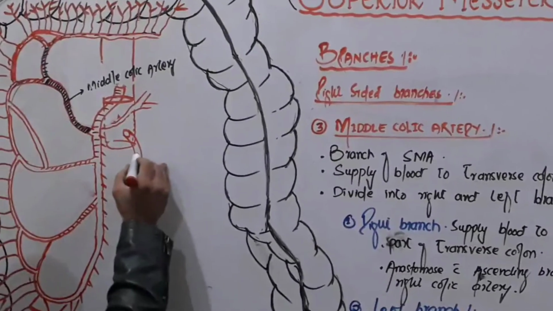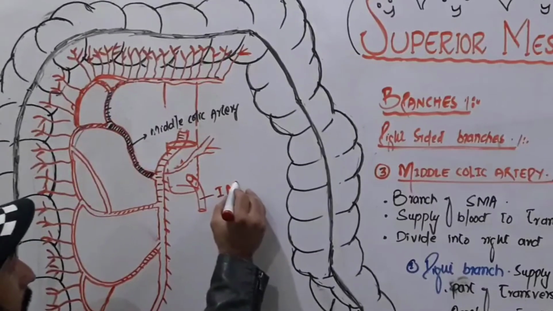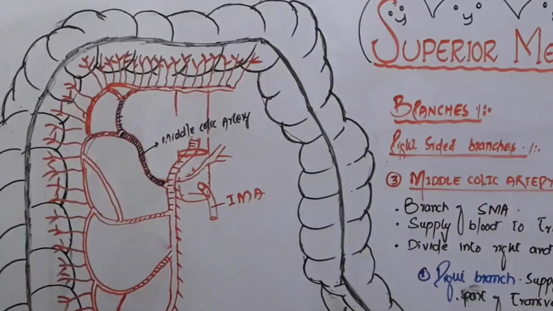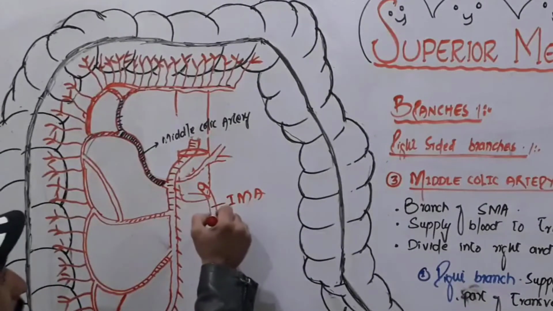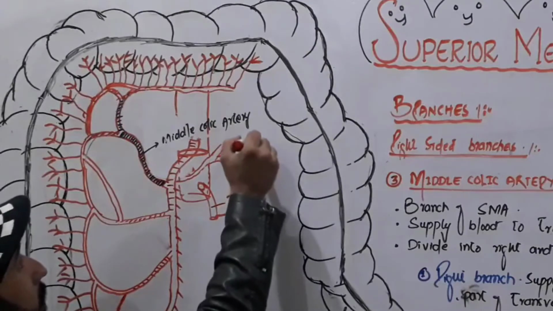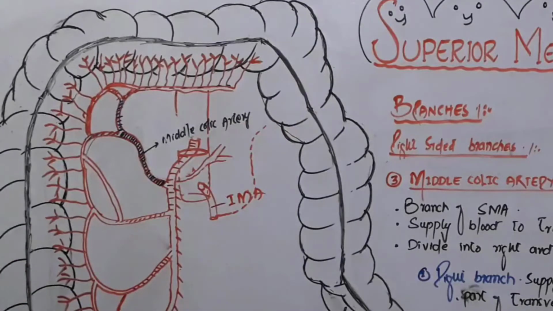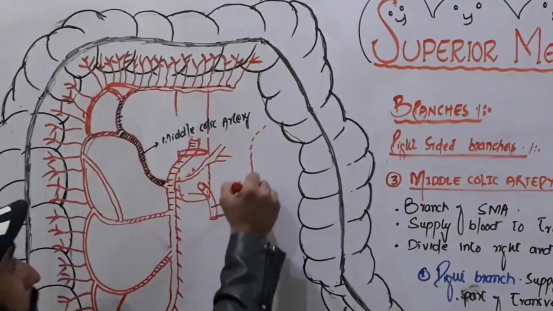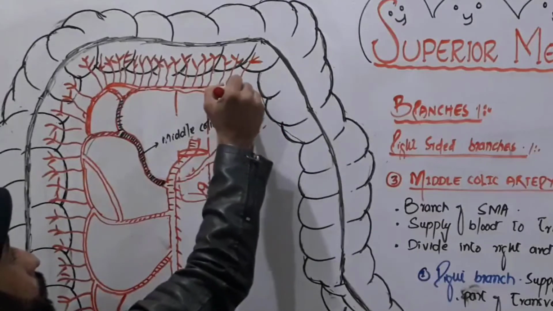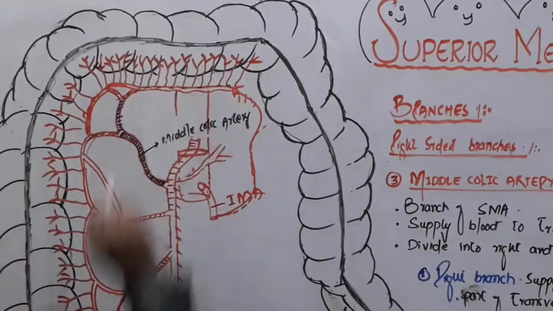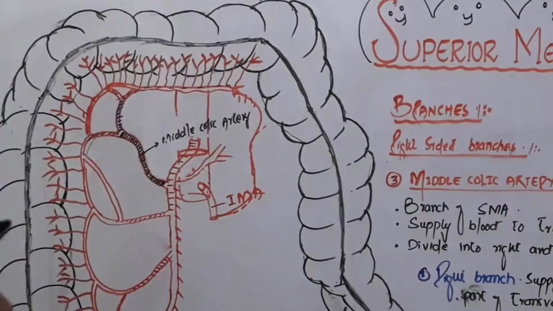And then what does it make anastomosis with? Look carefully, friends. This is our inferior mesenteric artery, right? From the inferior mesenteric artery, there is a branch going towards the left side of the colon, right? And this branch gives an anastomosing branch towards the left branch of the middle colic artery, right?